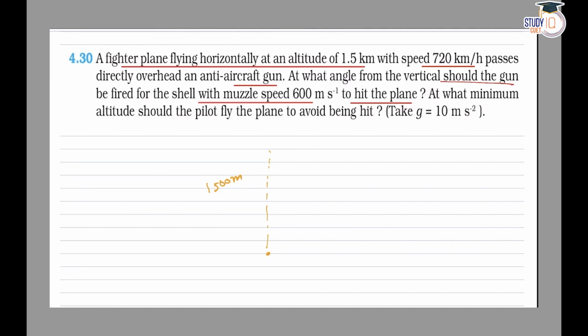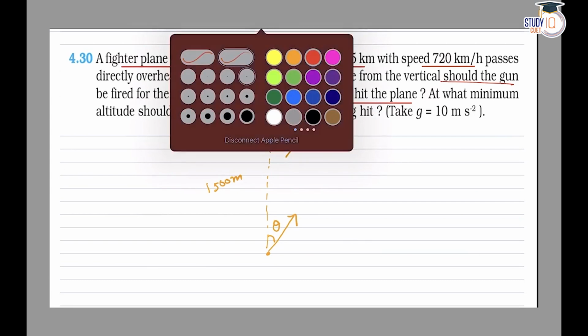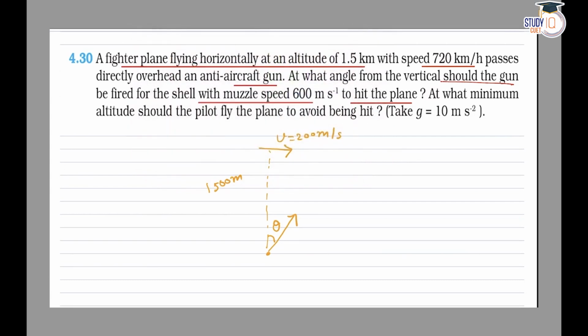A fighter plane is flying at a height of 1500 meter from the gun with a speed of 720 km per hour, which is equal to 200 meter per second. So in this we have to find the angle made by the gun with vertical in order to hit the fighter plane. So the fighter plane is moving horizontally.